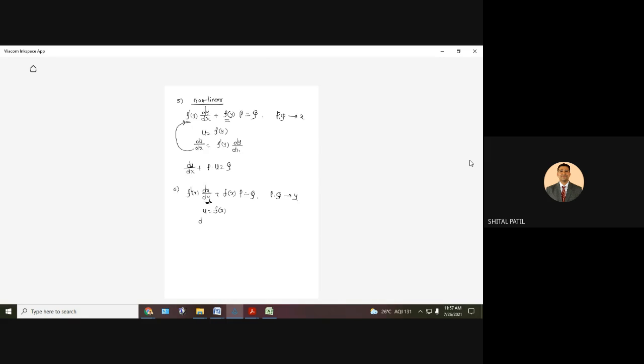See the denominator of the derivative term, y is there, so differentiation with respect to y. Use substitutions here. So we have du/dy plus Pu equal to Q. This is linear in u, and then solve as usual.